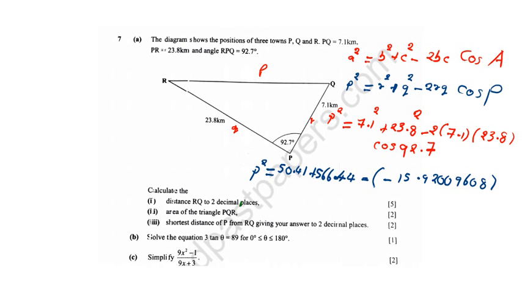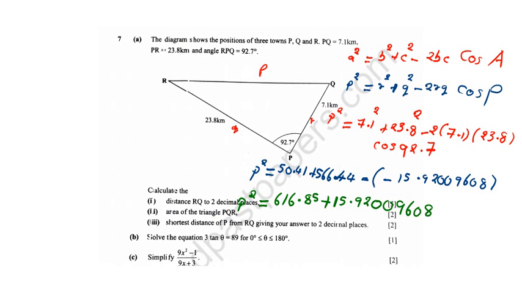So P squared is equal to, when I had 50.41 plus 566.44, I'm getting 616.85, plus negative times the negative, it is positive, so it becomes 15.92009608.